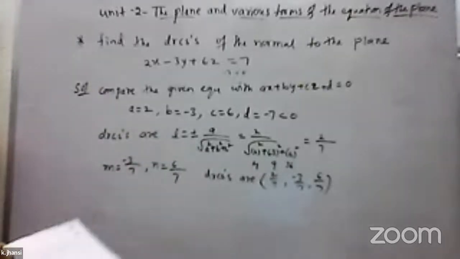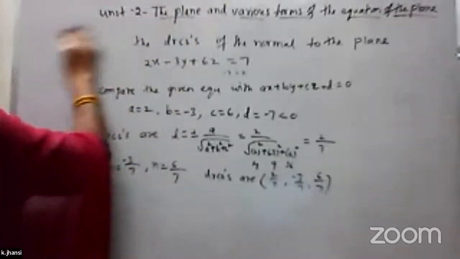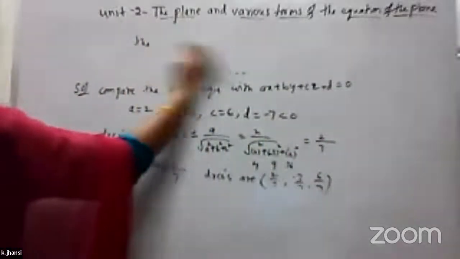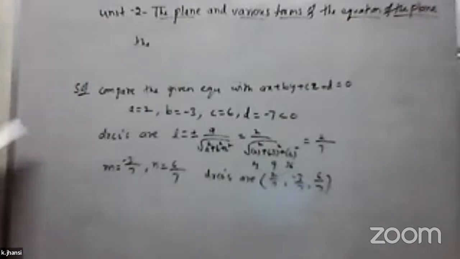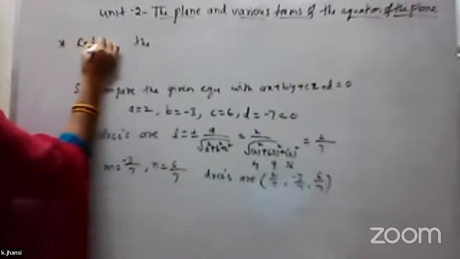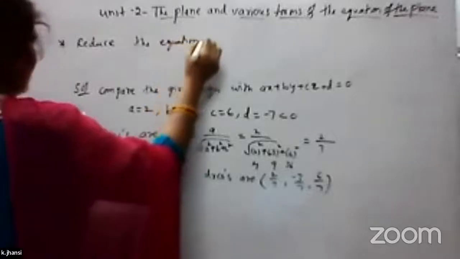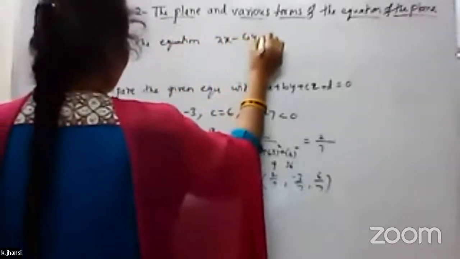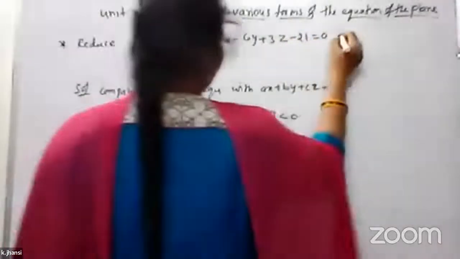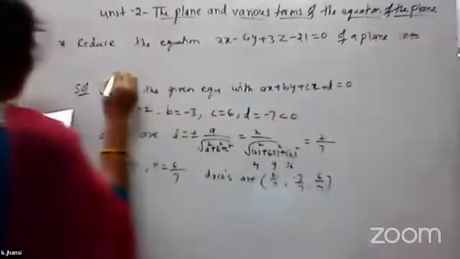Next we have conversion: reduce the equation 2x minus 6y plus 3z minus 21 equals 0 of a plane into normal form.